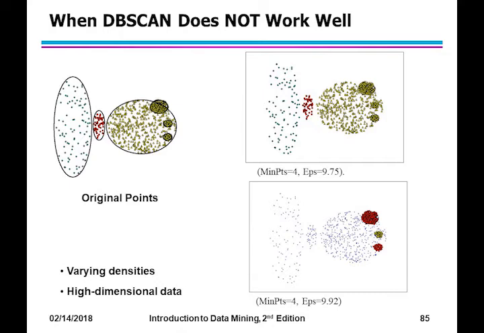EPS가 약간 변했을 뿐인데 클러스터링의 결과는 큰 차이를 보였습니다. DB 스캔은 density에 의존하기 때문에 이러한 varying density를 가지는 데이터에 취약합니다. 또한 high dimensional 데이터에서는 cross dimensionality가 존재하기 때문에 density가 작아져서 DB 스캔이 잘 동작하지 않습니다.